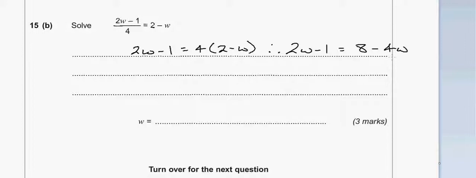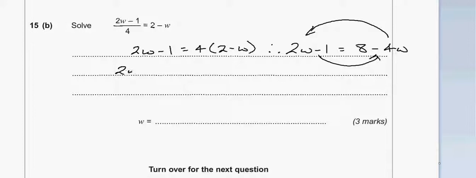Now my biggest value of w, the unknown, is here, but it's negative, and I want to make it positive. So this is going to come over here to make it positive. So consequently all my w's are going to be here, and all my numbers are going to go the other way, realising of course that the signs change.